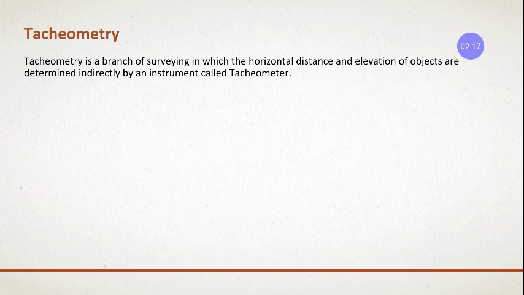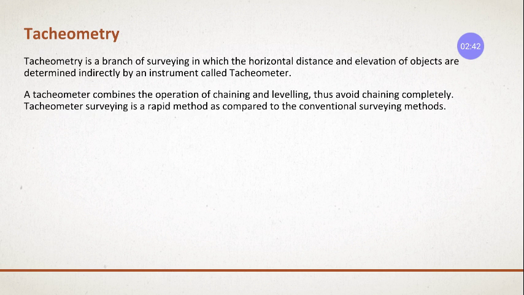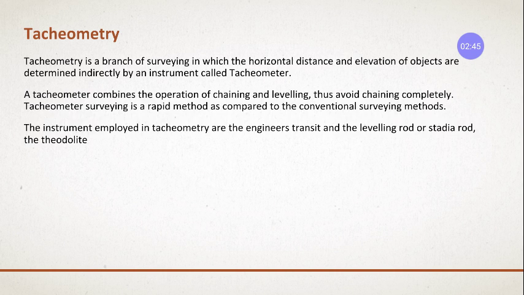But we don't go for any special type of tachymeter. We will be using our normal transit theodolite and our normal leveling staff. We'll see there is a different type of staff that is actually used for the theodolite, but if it is not there, you can go for a leveling staff, right? The instruments employed in tachymetry are the engineering transit and the leveling staff or stadia rod.